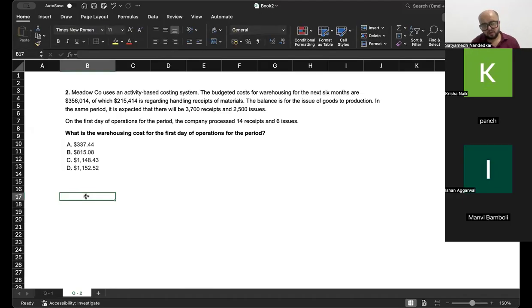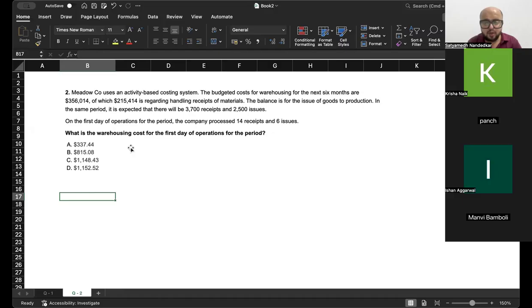What is the warehousing cost for the first day of operations for the period? Meadow Company uses an activity based costing system. The budgeted cost for warehousing for the next 6 months is 356,014, of which 215,414 is regarding handling receipt of material. The balance is for the issue of goods to production. In the same period, it is expected that there will be 3,700 receipts and 2,500 issues. On the first day of operations, the company processed 14 receipts and 6 issues.